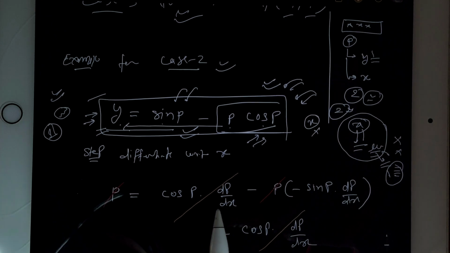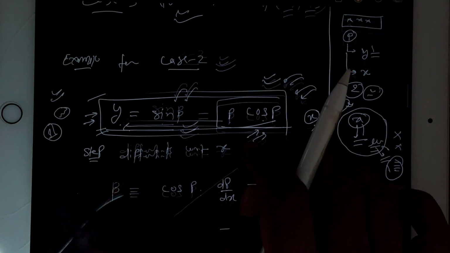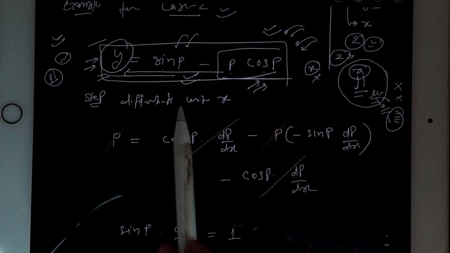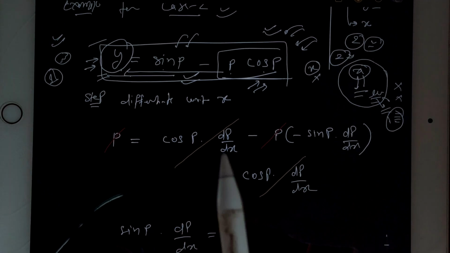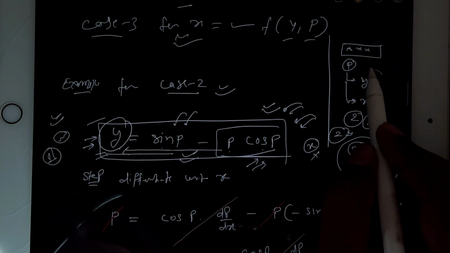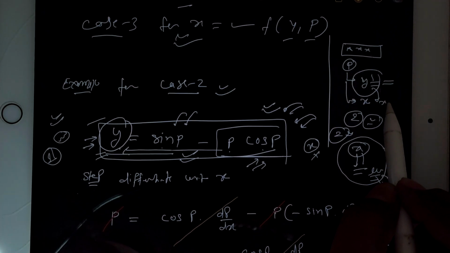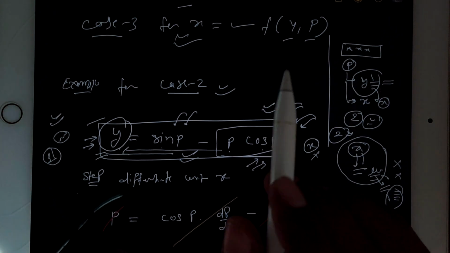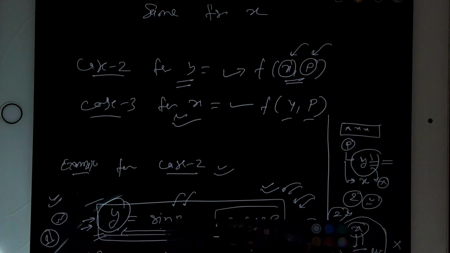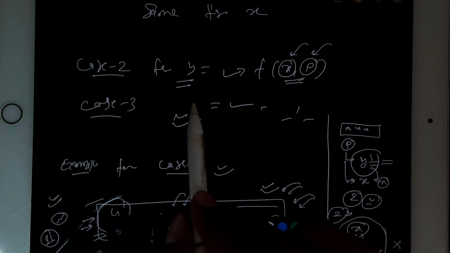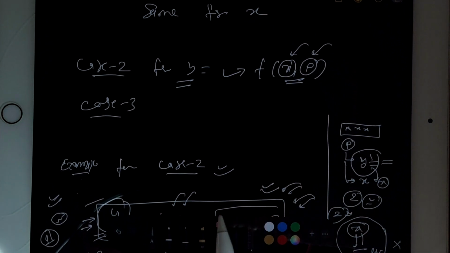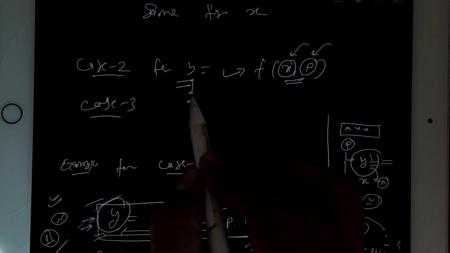So let's see the first problem. What will you do here? Already y is on the left side, so your step is, if you have made y equal to something, then differentiate the equation with respect to x. Now here you have something to do. When you differentiate the equation with respect to x, y will become dy by dx.